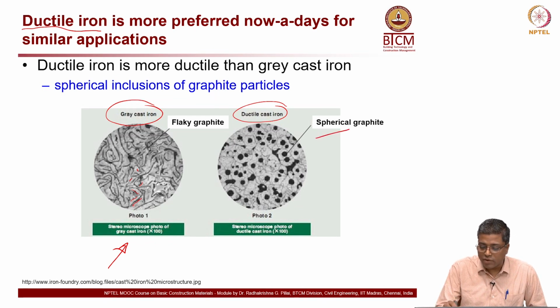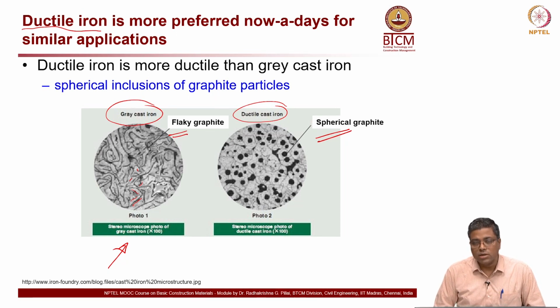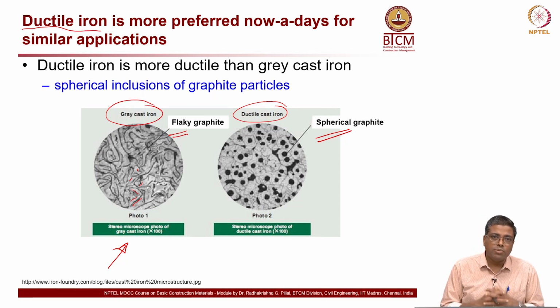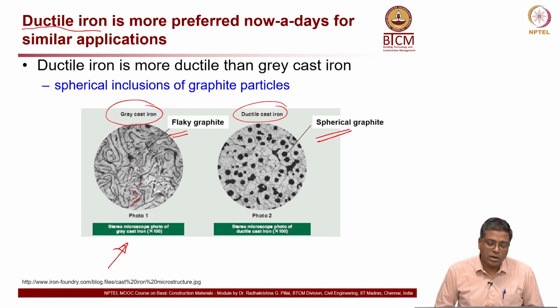So, because of this spherical nature, it helps in preventing the progression of the cracks, or crack propagation is more difficult when you have spherical graphite as compared to flaky graphite. So, that is why it has ductile behavior as compared to a cast iron.